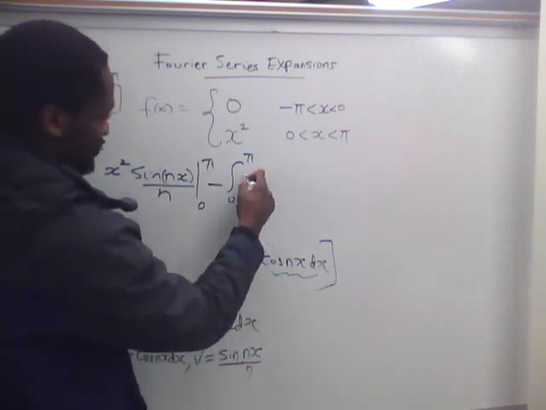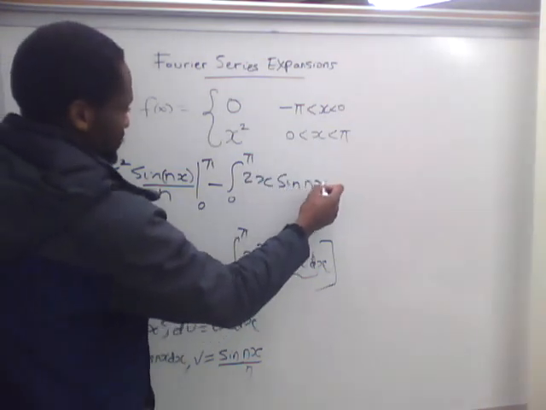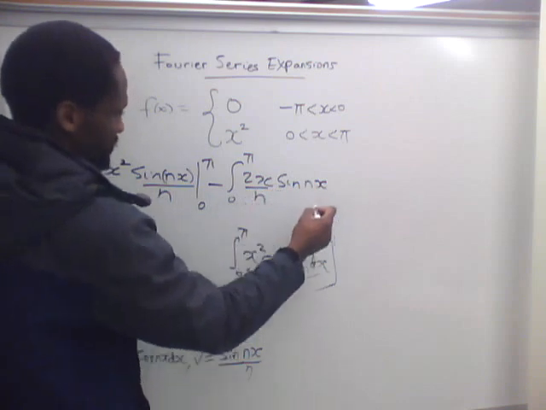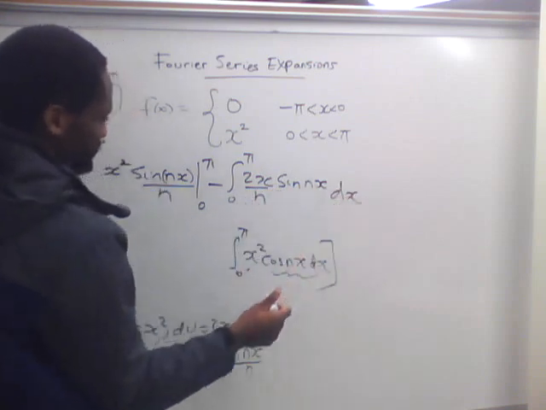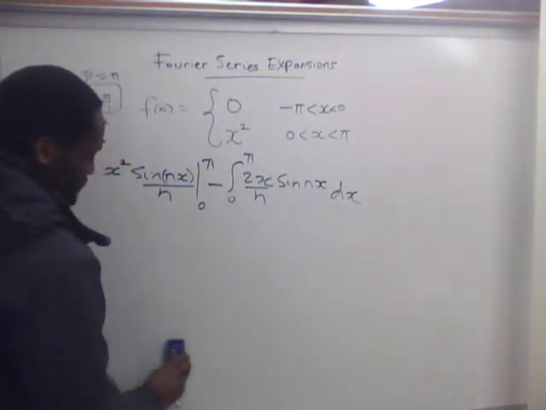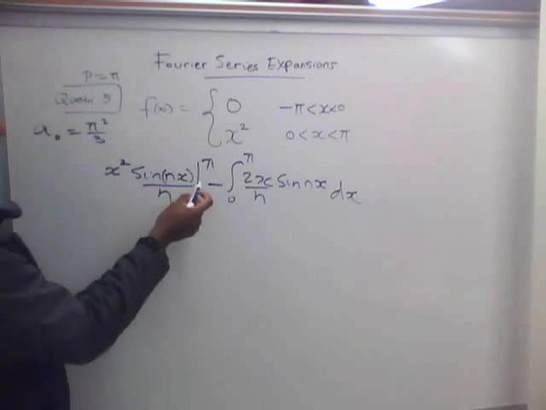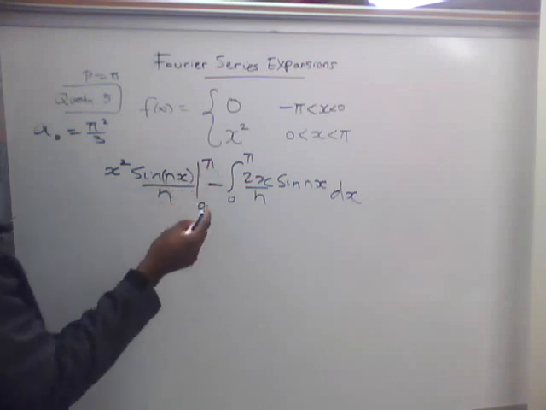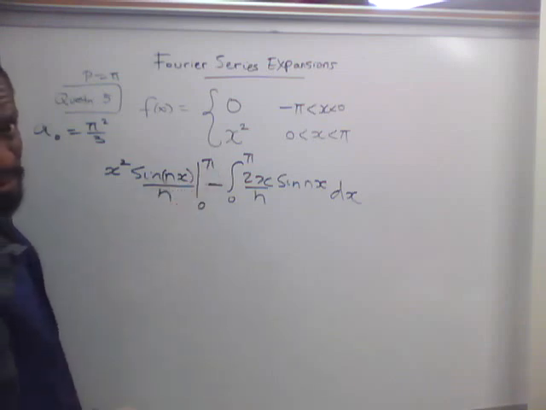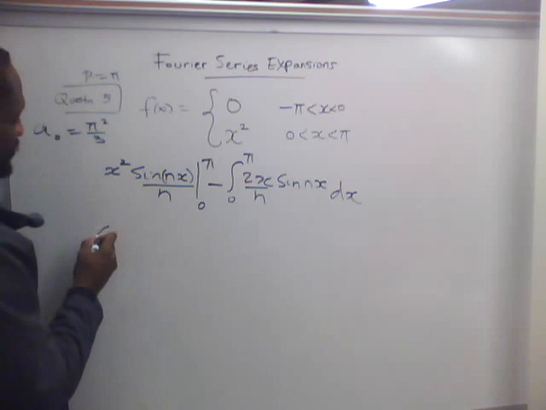So that's 2x sine nx over n dx. To evaluate this, plug pi in: sine n pi will always give you 0 for integer n, and sine 0 is always 0, so I get 0 here.